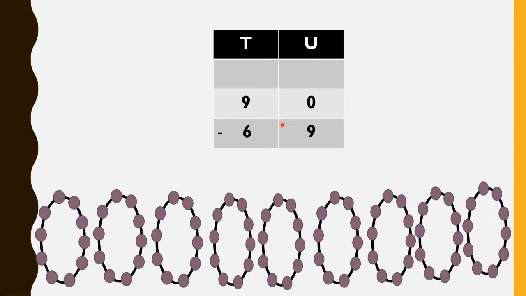So students, 9 units cannot be subtracted from 0 units. So we need to untie 10. That is, we need to borrow 1 from the tens place.